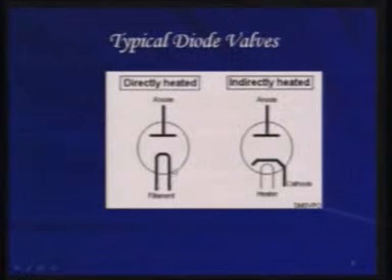When this filament is heated, it starts emitting electrons, and these electrons are attracted towards the anode because of the positive potential given to it, and so we get a flow of electrons within this tube. So this is the basic diode.